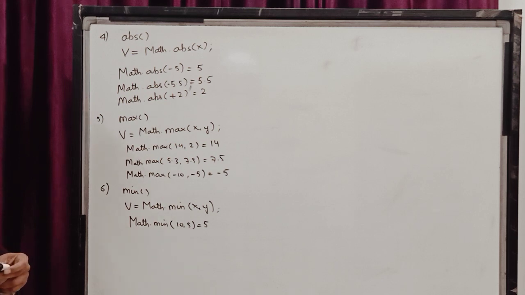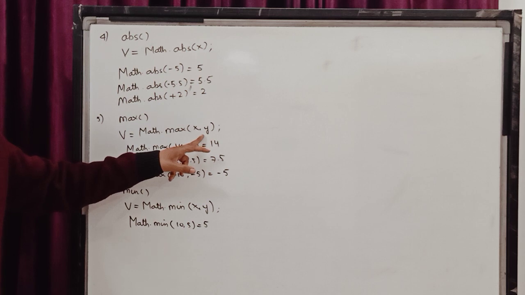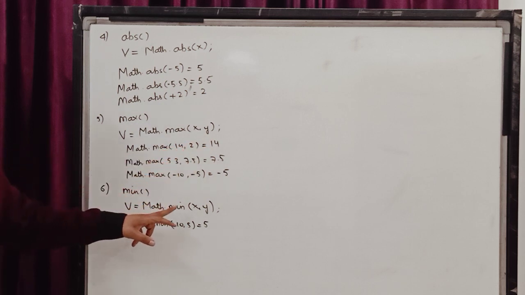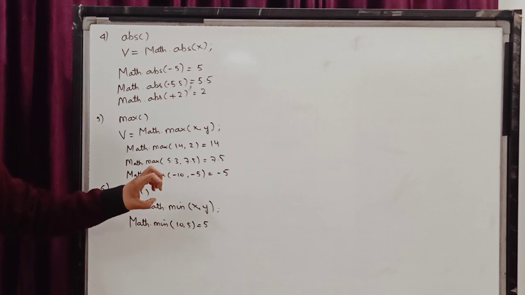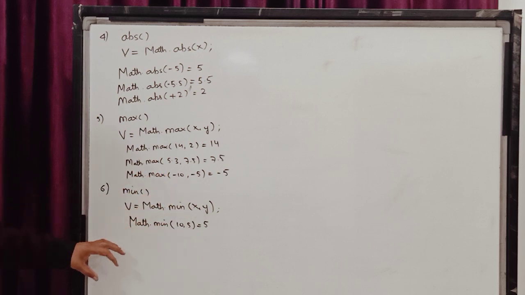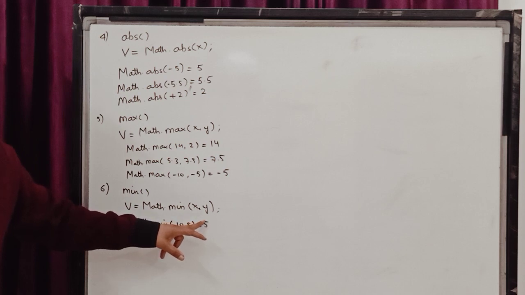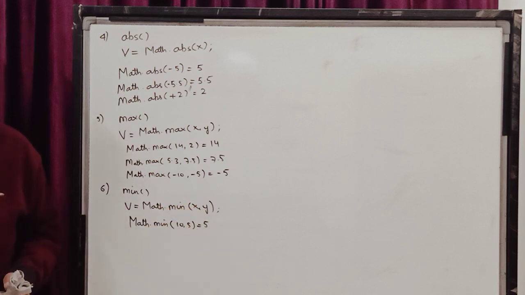So children, max is returning the maximum value out of its two arguments, x and y, and Math.min is returning the minimum value or the lowest value out of these two values. The data type of the value returned by this function is similar to the data type of its argument. So children, I hope these two functions are clear to you.